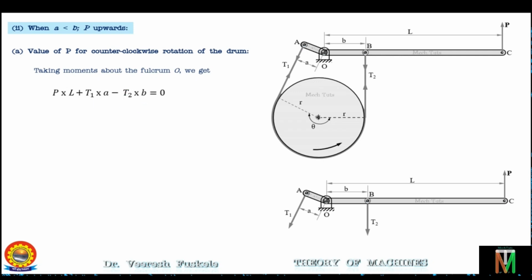From here we have the value of P as T2B minus T1A divided by L.